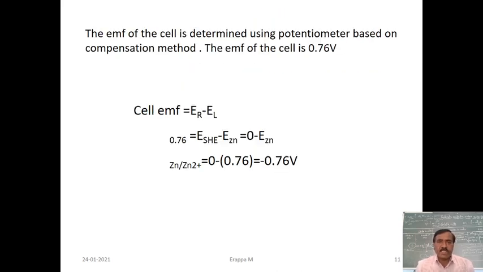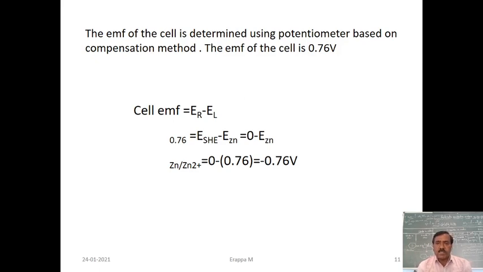The EMF of the cell is determined using a potentiometer. Based on the compensation method, the EMF of the cell is found to be 0.76 volts. EMF of the cell is equal to E of right minus E of left. EMF of the cell is 0.76. E of right is the standard hydrogen electrode, E of left is zinc.